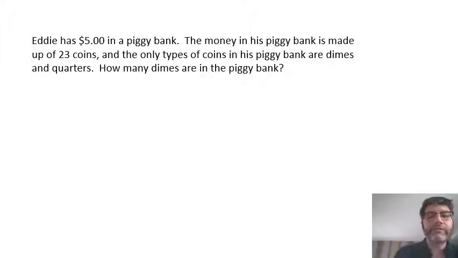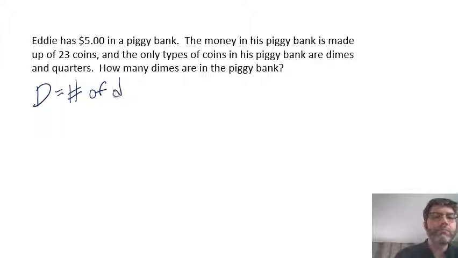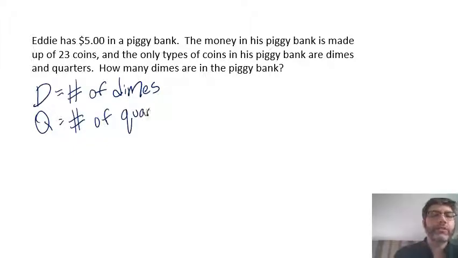So let's first make our variables. D is the number of dimes in the piggy bank, and Q will be the number of quarters. If we had pennies in this piggy bank, we would say P equals the number of pennies.